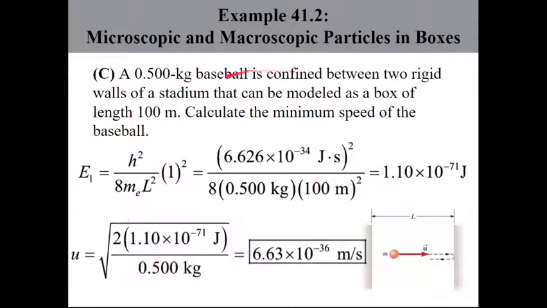Then it turns out that a baseball in its ground state must have a tiny energy and an incredibly small speed. So technically nothing in the world is at rest, because particles are not at rest and everything's made of particles. But the rest speed, the rest energy is so small that from our own real world perspective, it's zero.